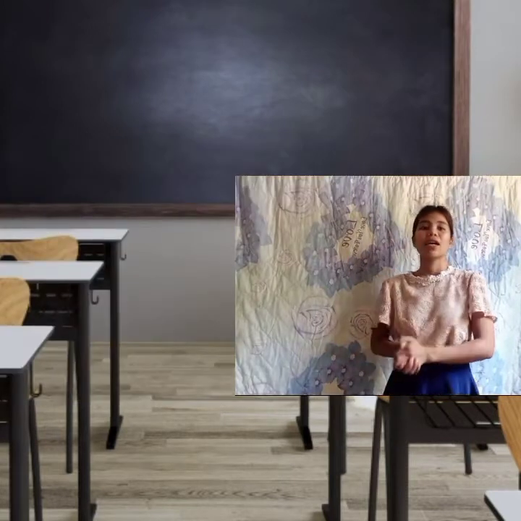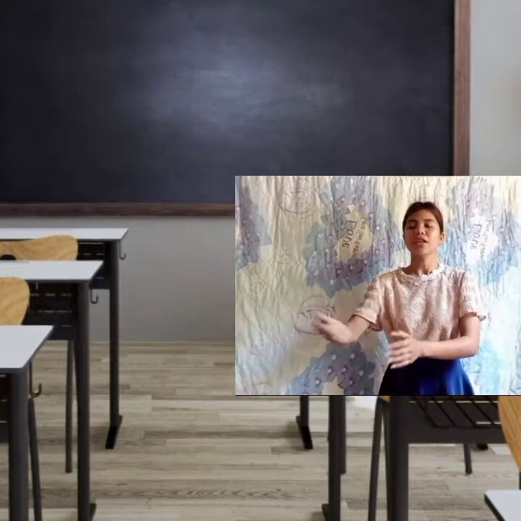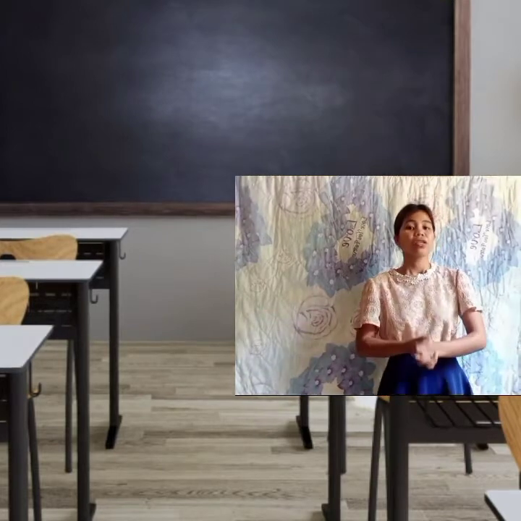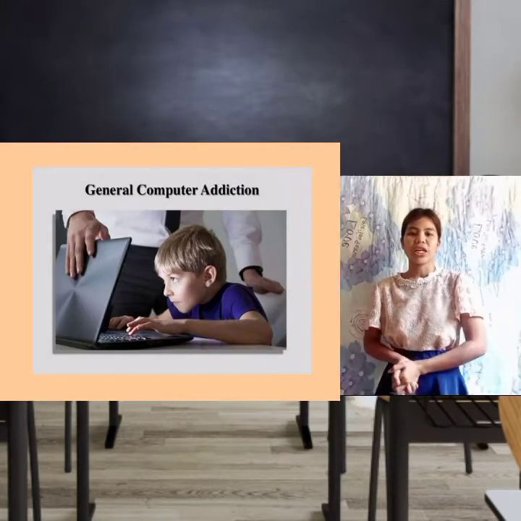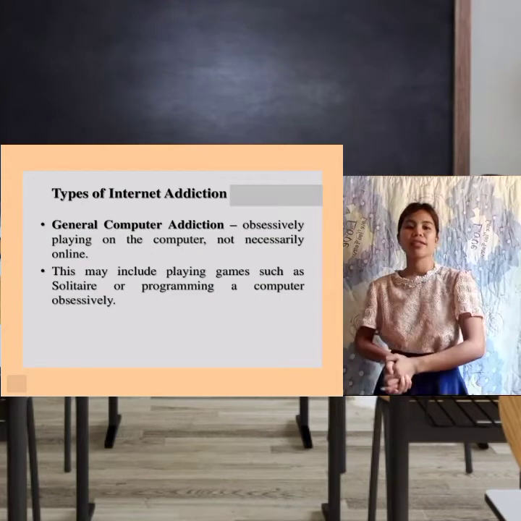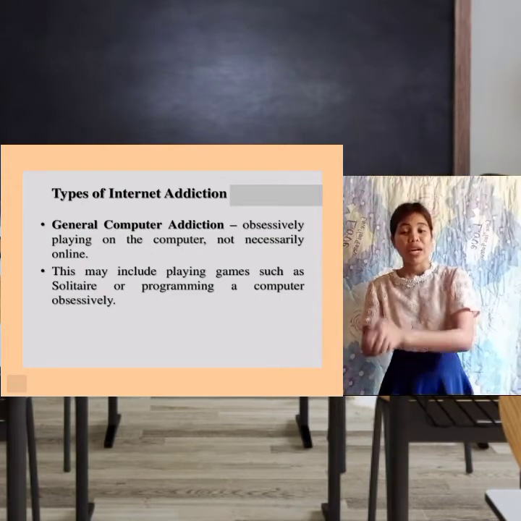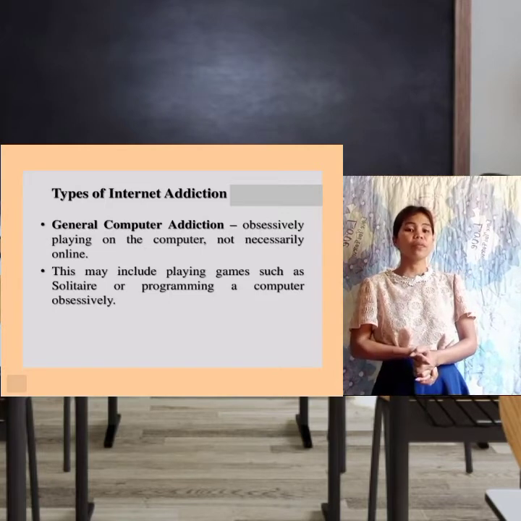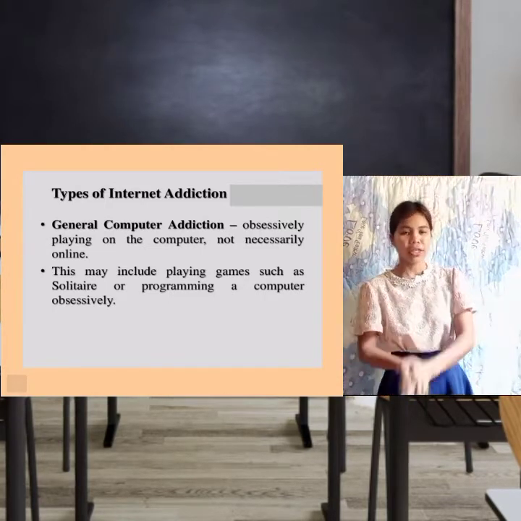So the next one, who can read? Yes, Eileen. Okay, thank you so much. The next one is general computer addiction: obsessively playing on the computer, not necessarily online. As I said earlier, those online games like ML and Dota.